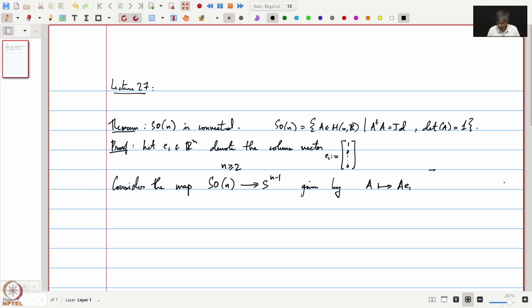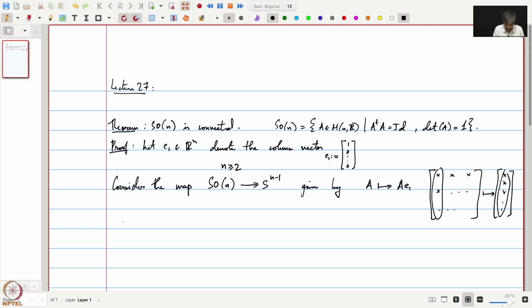So we are taking this matrix A in SO(n), and this is getting sent to the first column. A priori it's not clear that the image lands in S^(n-1), but let's just check that.